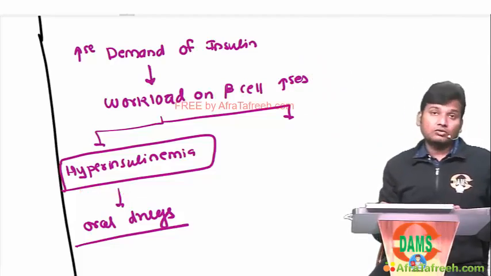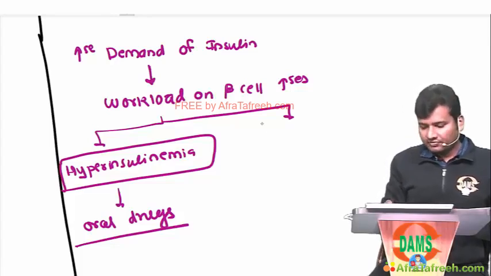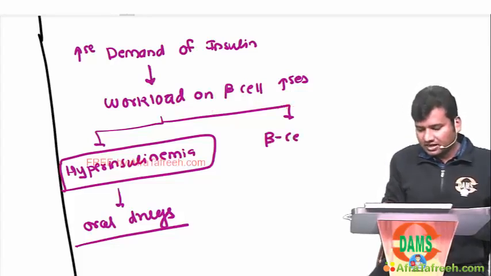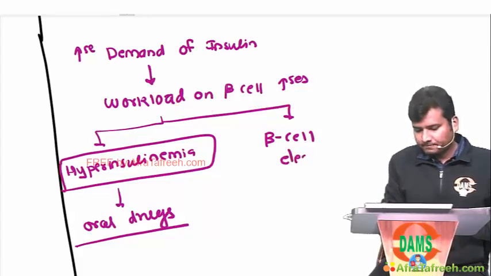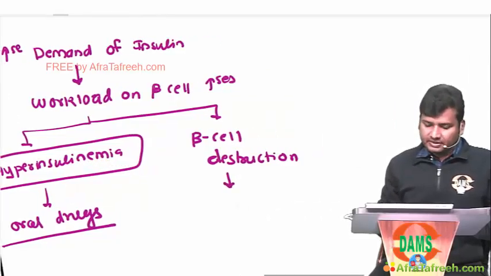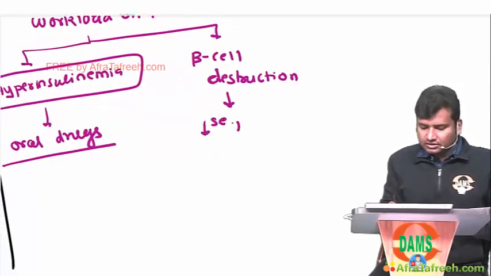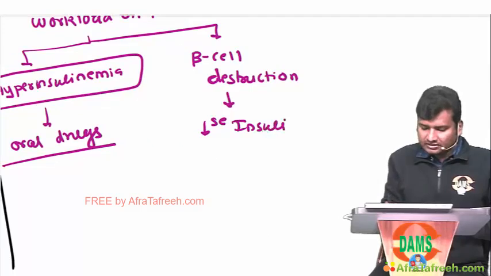As workload on beta cell is increasing, now the destruction of beta cell will start. When beta cell destruction starts, the number of beta cells will decrease, and when the number of beta cells decreases, insulin concentration will decrease.